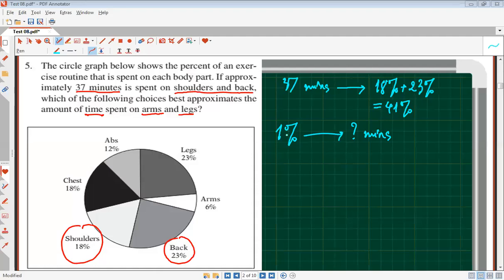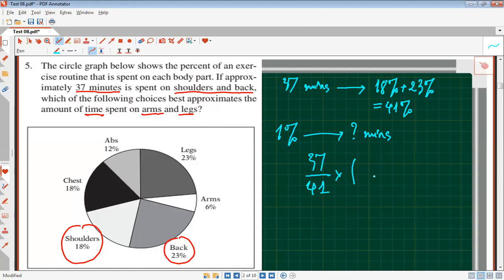We take 37 divided by 41, and we just need to multiply by the sum of the percent of arms and legs.